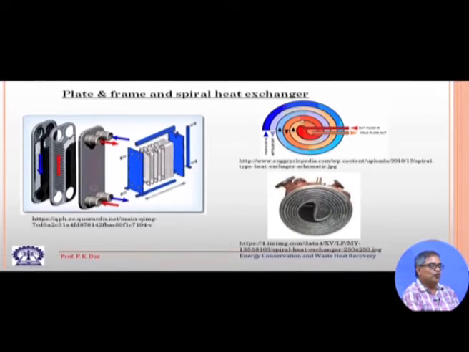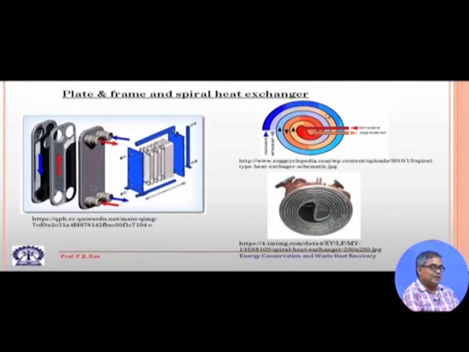It goes through the spiral path and comes out here at the periphery, whereas the cold stream enters over here, goes in and comes out somewhere at the center of the heat exchanger. So, when the hot stream passes at any location, you see it is surrounded by cold stream on two sides. Similarly, a cold stream will also be surrounded by two hot streams.